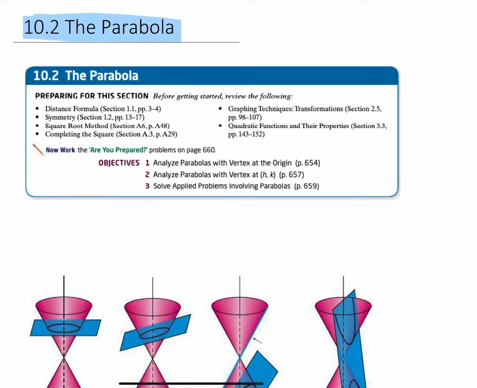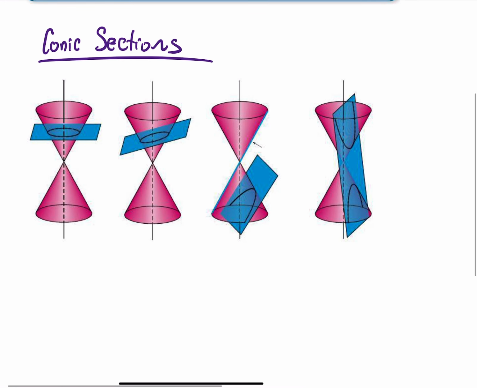But first I just want to describe this idea of conic sections. This term comes from looking at this interesting 3D object. It's basically two cones stacked on top of each other in 3D space, two three-dimensional cones.